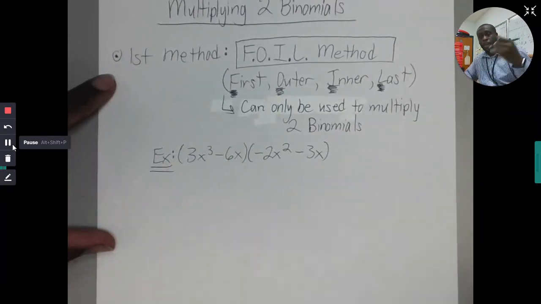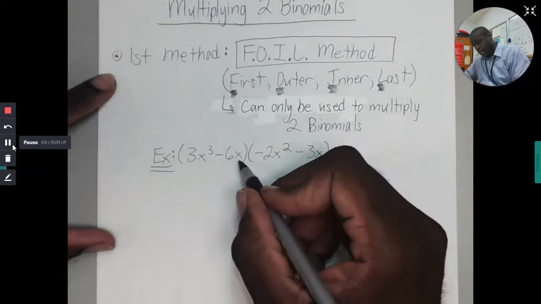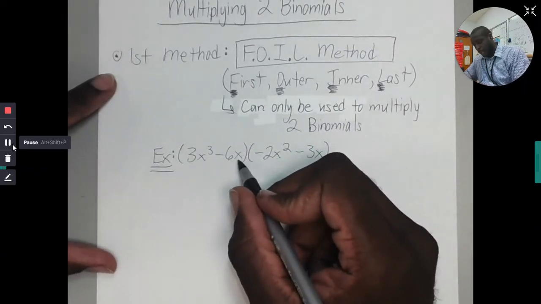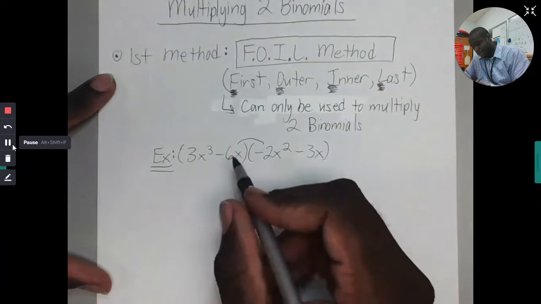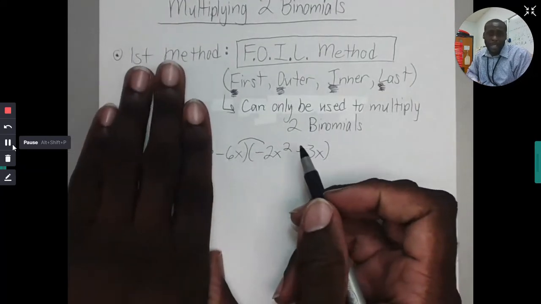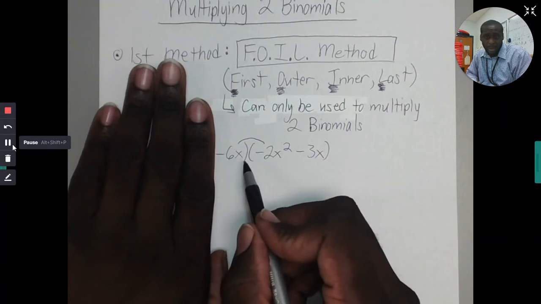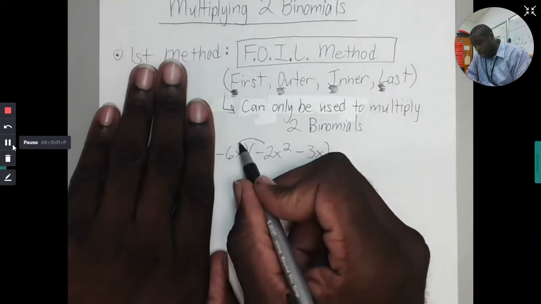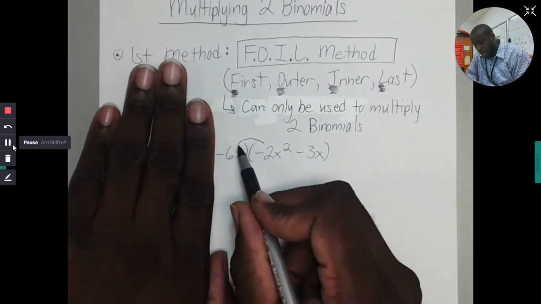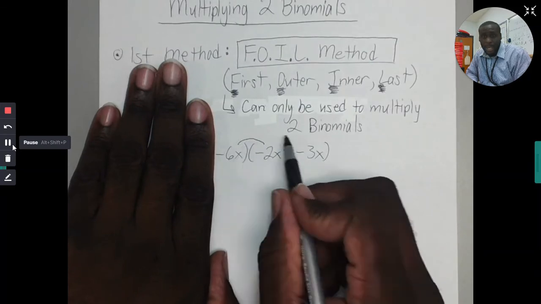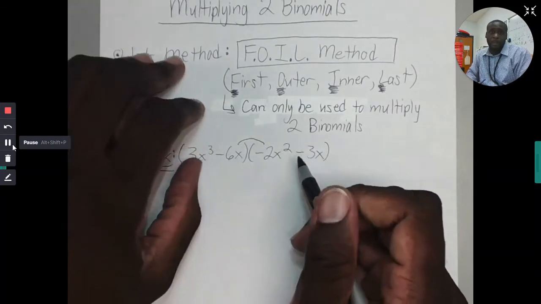With the FOIL method, it's sort of like a way of distributing. So imagine that there was only this negative 6x there. We already know that we would have to multiply this negative 6x times both of those.